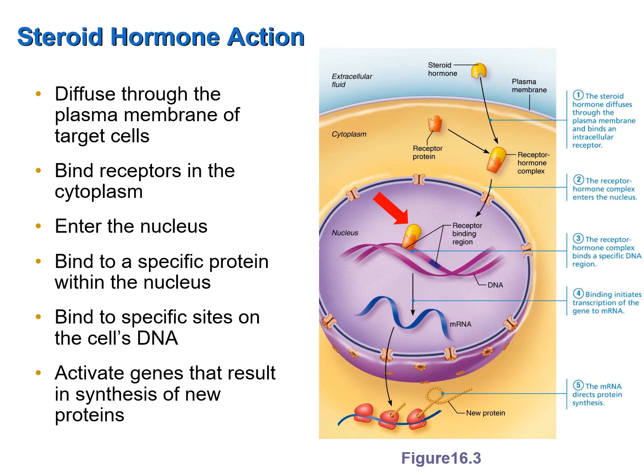And there, that receptor hormone complex will bind directly to the DNA. And it can turn genes off, it can turn genes on. And this illustration is turning a gene on, meaning that that gene is being used to transcribe a messenger RNA.